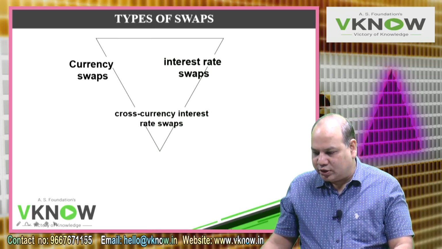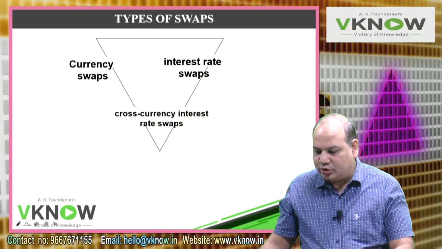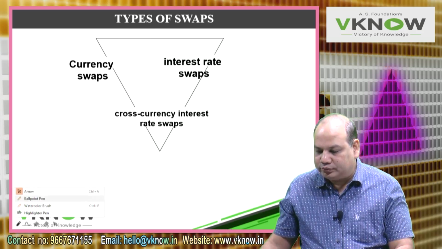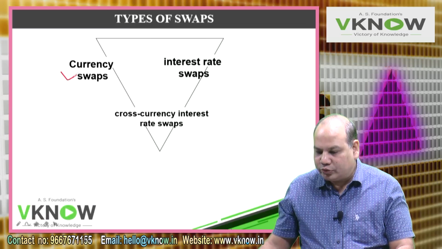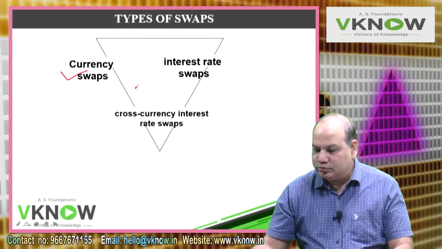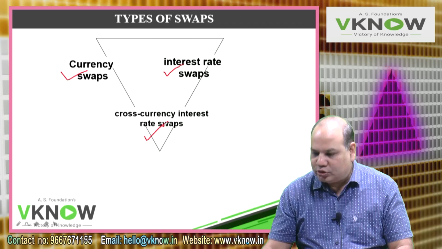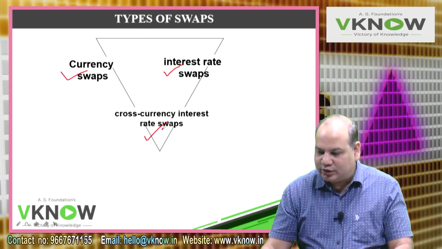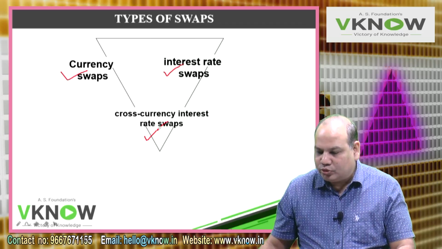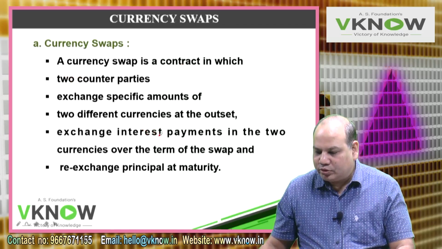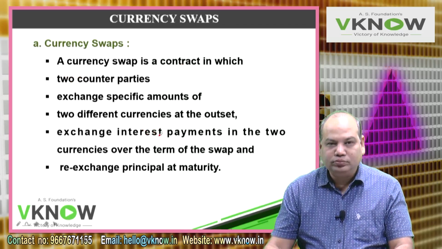Cross currency interest rate swap is just a combination of both the currency swap and the interest rate swap. So this one is a combination of currency swap plus interest rate swap. So today first we'll see currency swap.